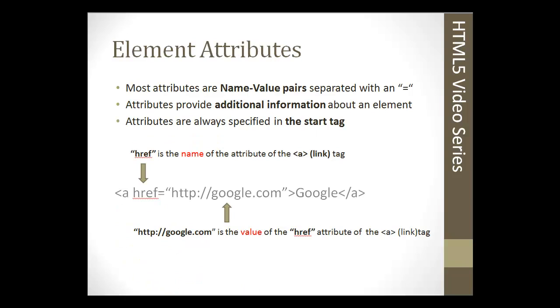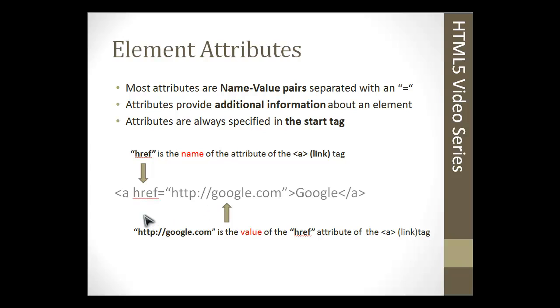So all tags have attributes, or can have attributes. And there's a number of different kinds of attributes. We could have the width or height as an attribute, the style, and as we have here, the href attribute, which is a URL. Most attributes, if not all, are in a name value pair separated with an equal sign.